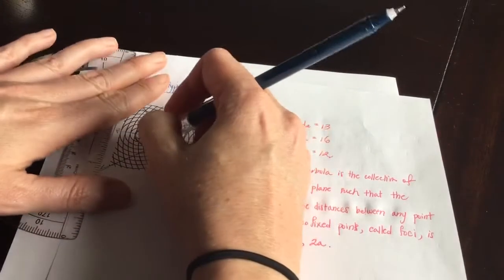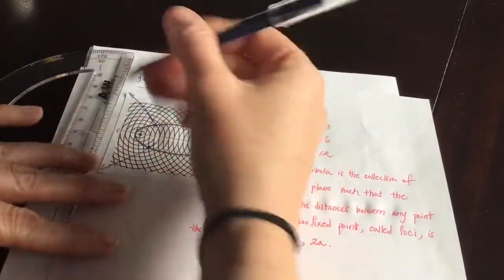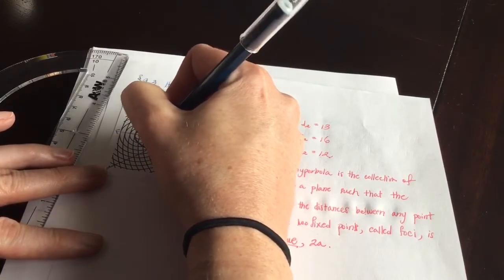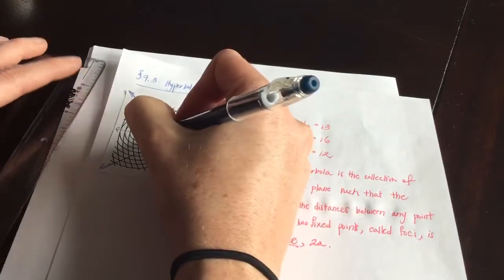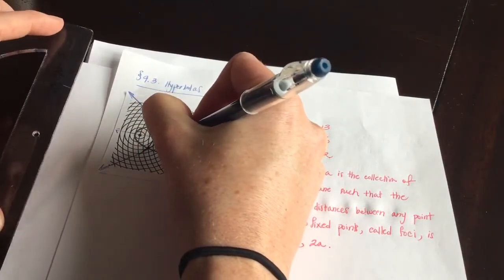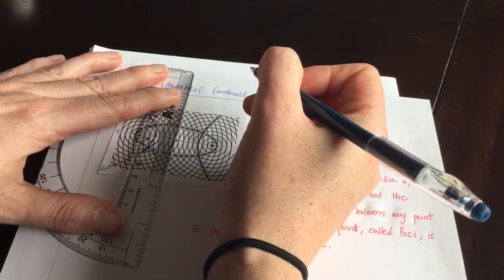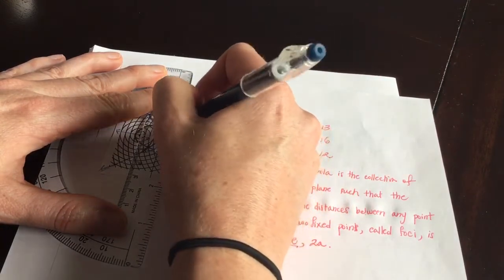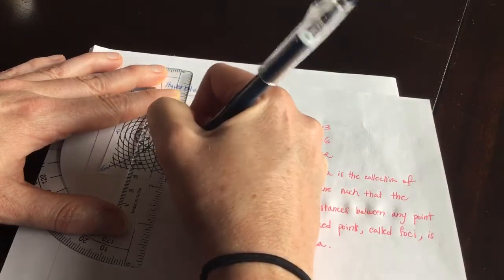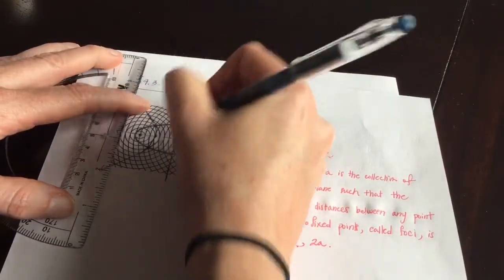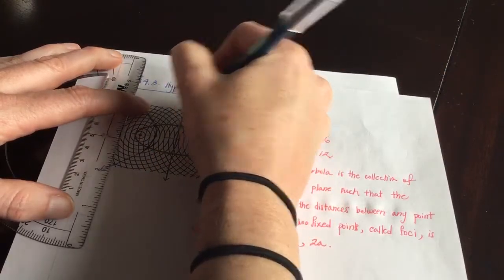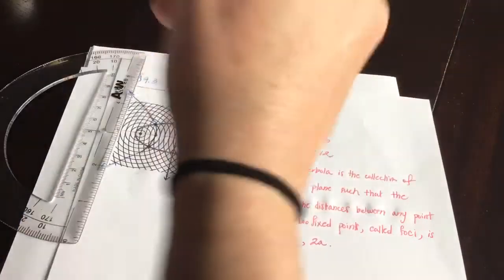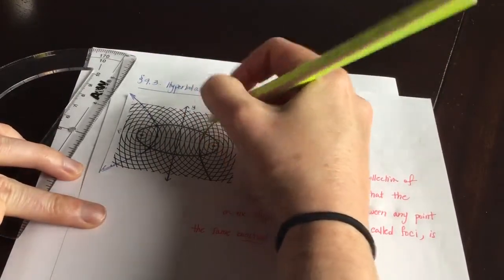I did. 2, 3. There we go. Okay, 1, 2, 3, 4. Okay, so then I'm going to put the y-axis just down the middle here. So your hyperbola is just this piece right here.